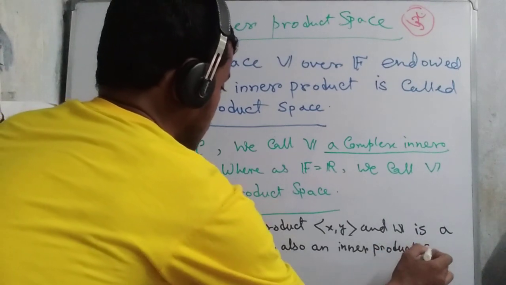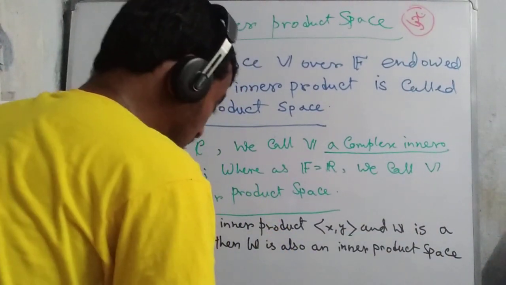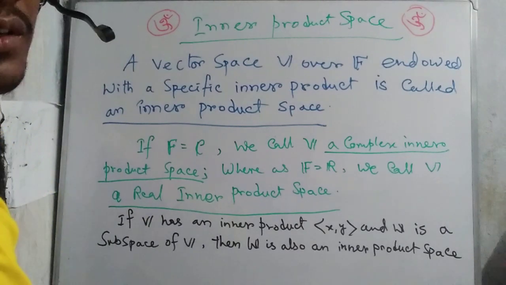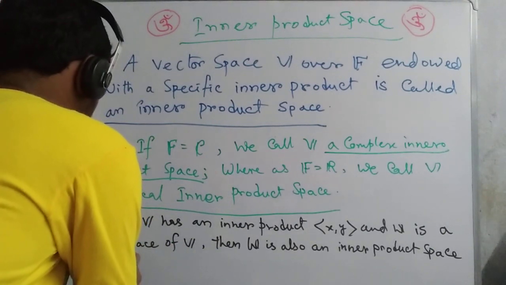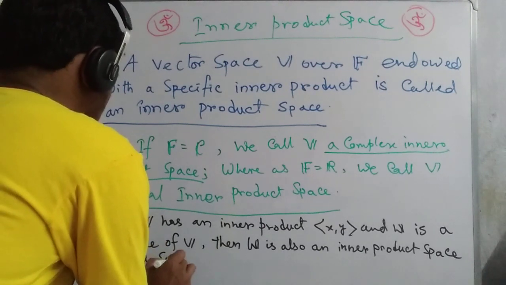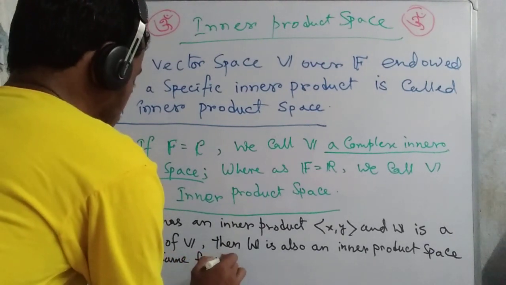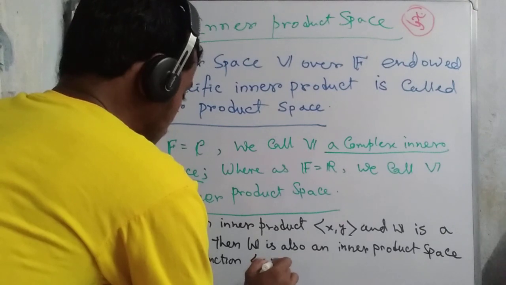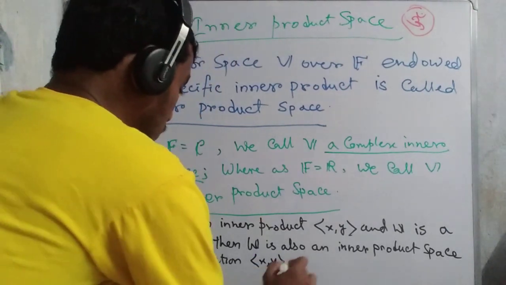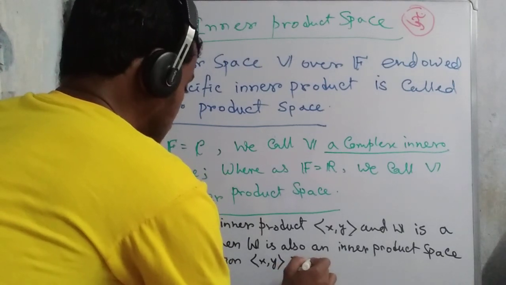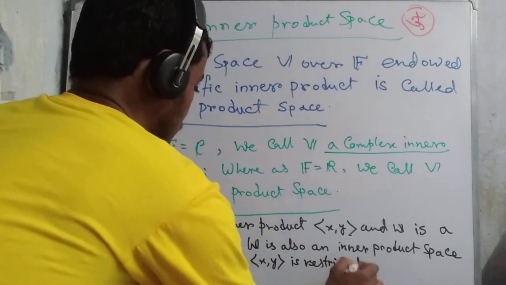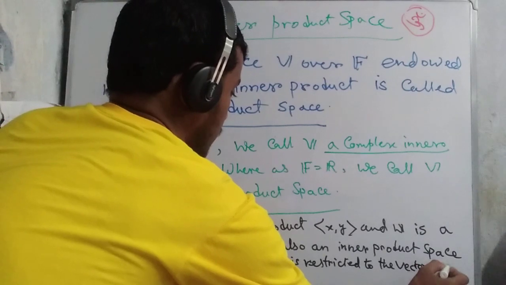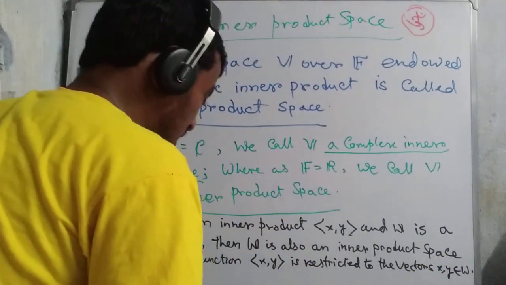Then W is also an inner product space when the same function, the inner product of x,y, is restricted to the vectors x,y belonging to W. Understood?